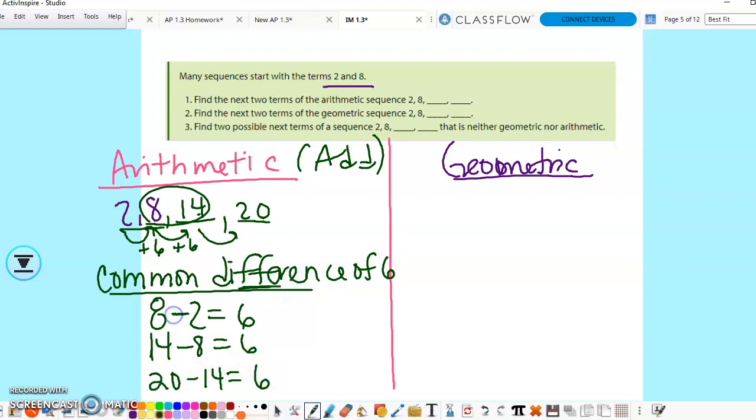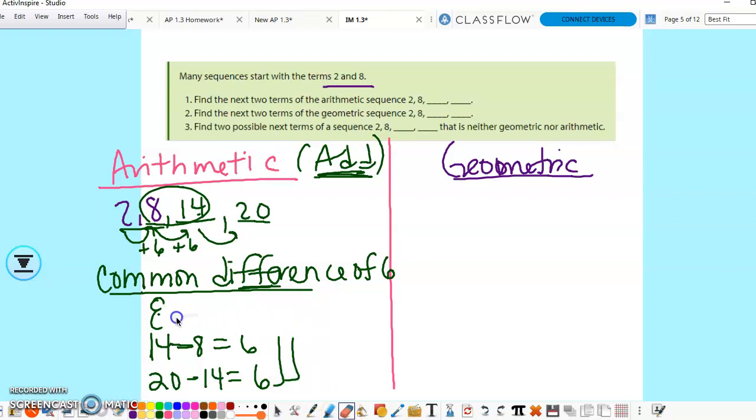Difference is the answer when you subtract. These all have a common difference of 6. That's why it's an arithmetic sequence. So you're going to say this is an arithmetic sequence because we are adding, you must use the word add, a common difference of 6. But I wanted to show you here where that came from.